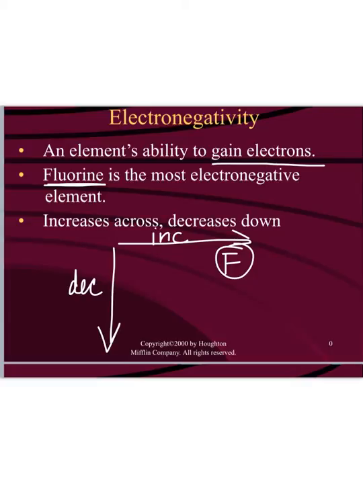Okay? Also remember, on this side of the periodic table are the elements that will typically form a negative charge. So they want to gain electrons in order to be stable. So that's why electronegativity, its ability to attract electrons, all right, increases moving towards the right.